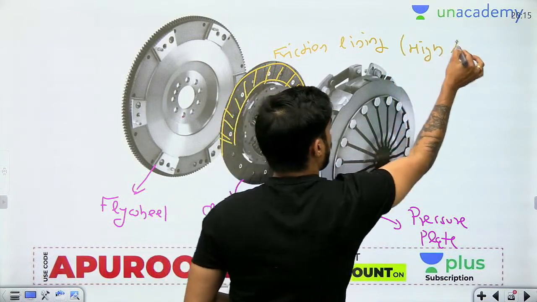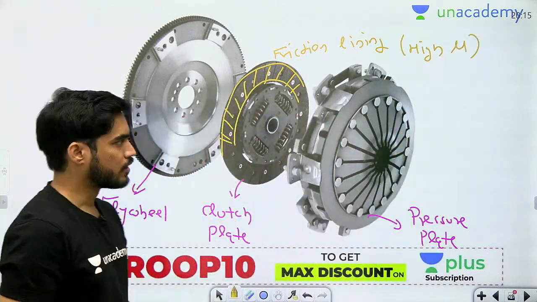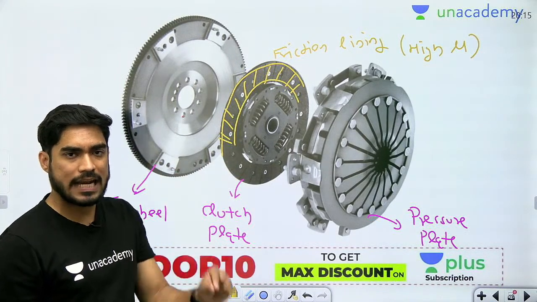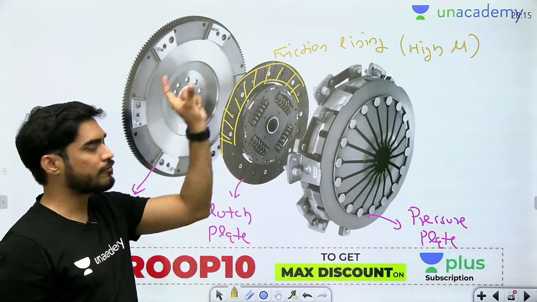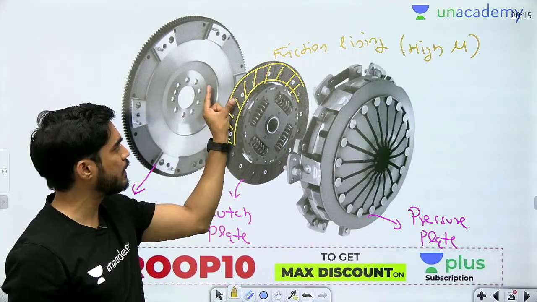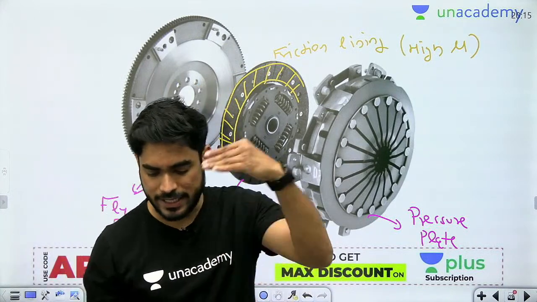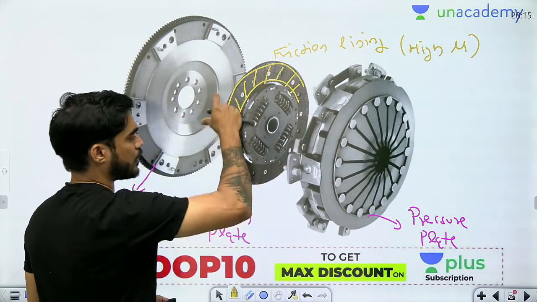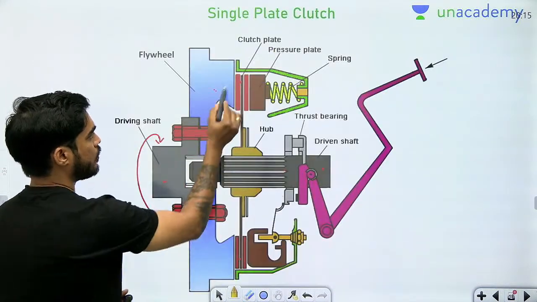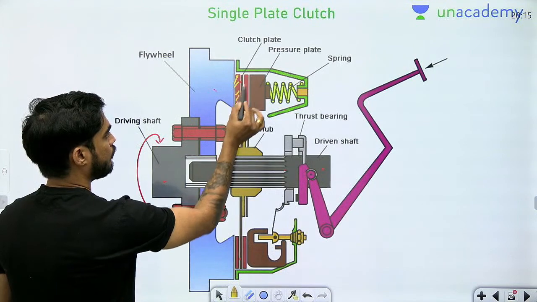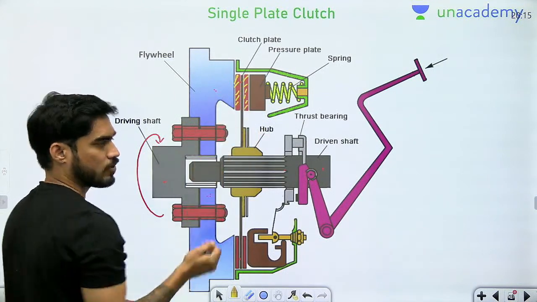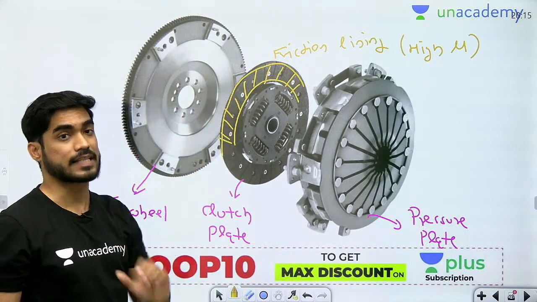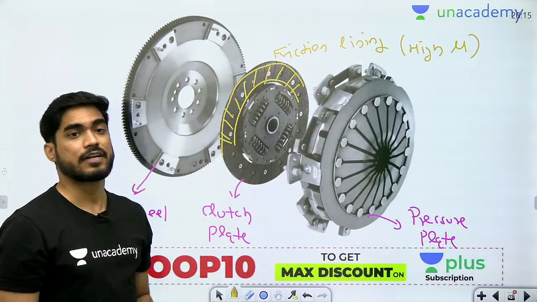It has a high coefficient of friction. Why? Because if you want to transfer more torque, friction should be as high as possible. That's why, in order to increase the friction, we use a material which has a high coefficient of friction. There is a coating of high friction material on the clutch plate on both sides. So this is known as friction lining.